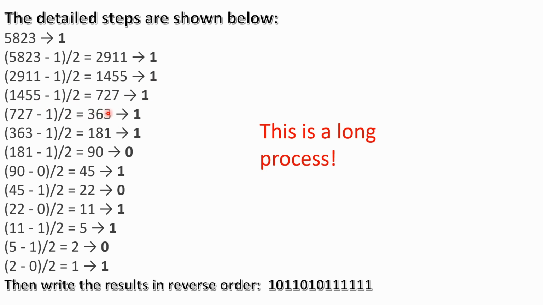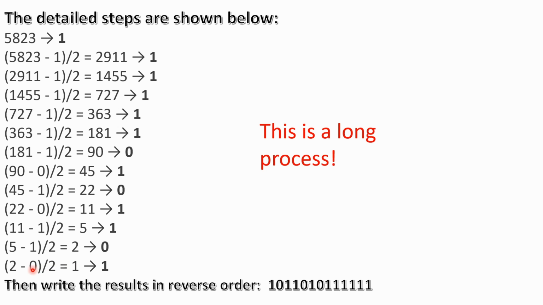You got an odd number here, you got a 1. You just keep going down through here. In this case, you can see where you've got a 90 as a result, so we write a 0 off to the side because 90 is even. Basically we go all the way down until we get a 1.